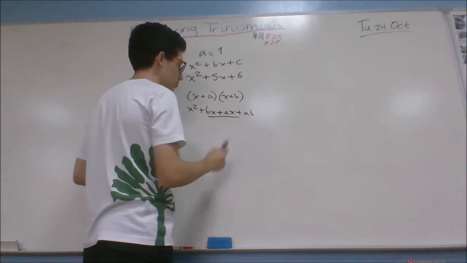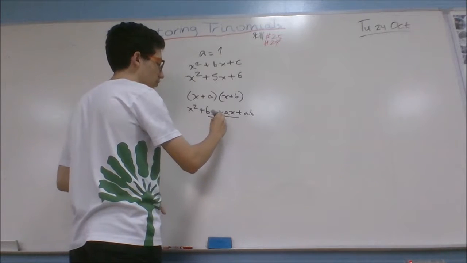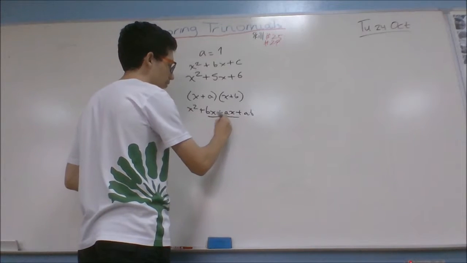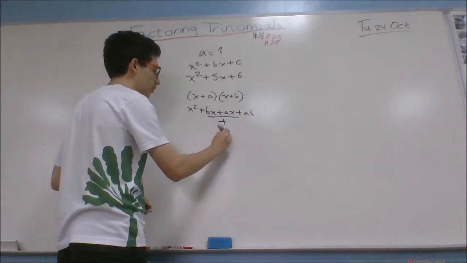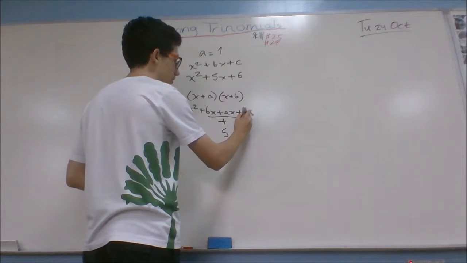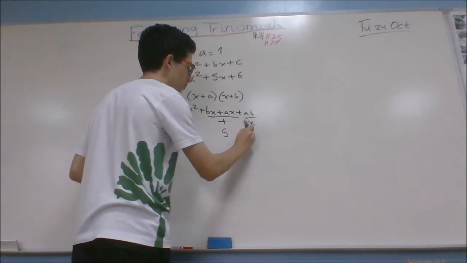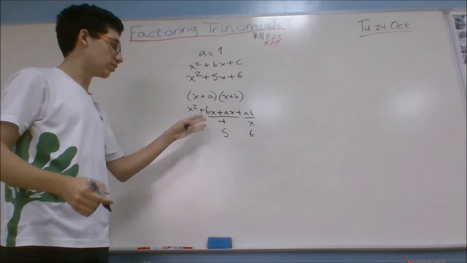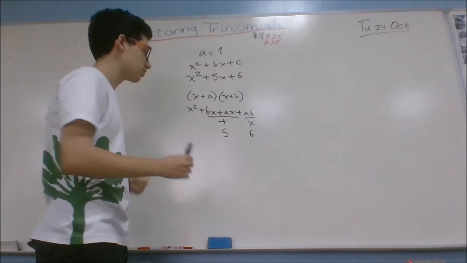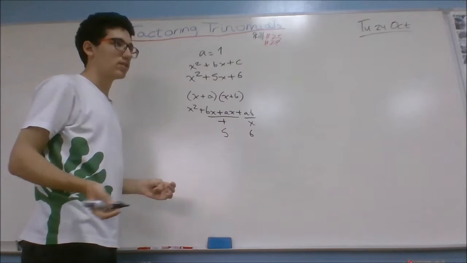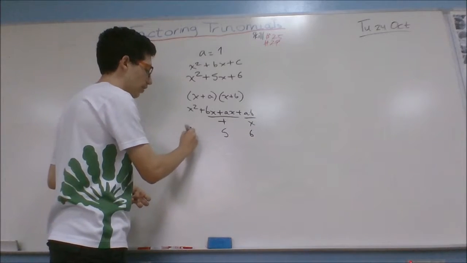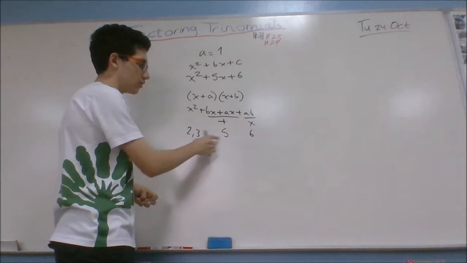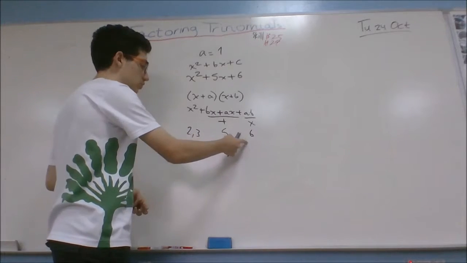So you take these 2 terms, and you know that added together they'll give you 5. A and b multiplied together will give you 6. And now all that's left to do is find 2 factors that both add to 5 and multiply to 6. If you factor it out, in this case it would just be 2 and 3, since 2 plus 3 equals 5, and 2 times 3 equals 6.